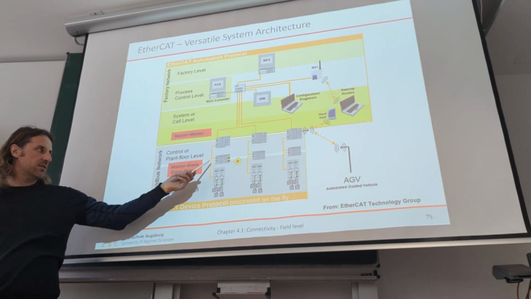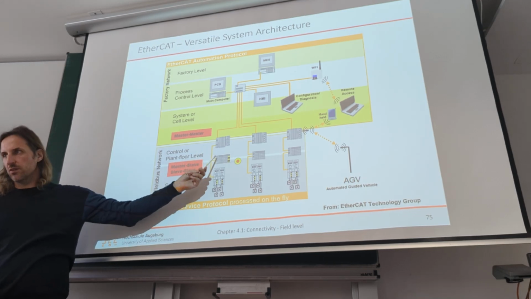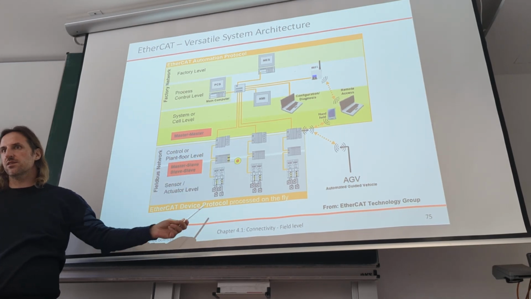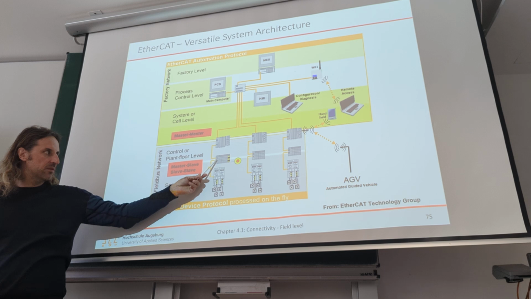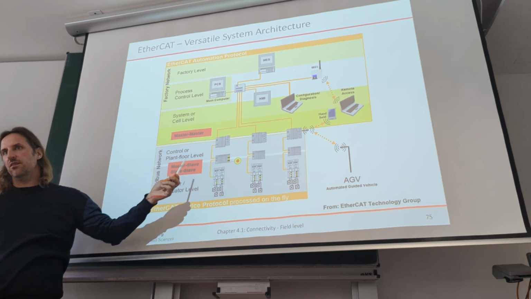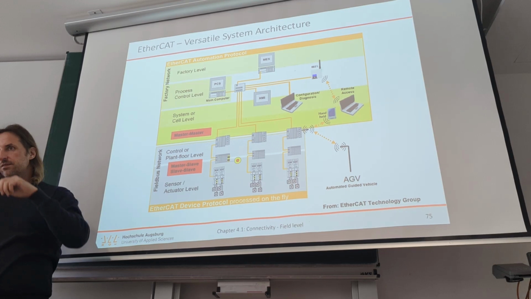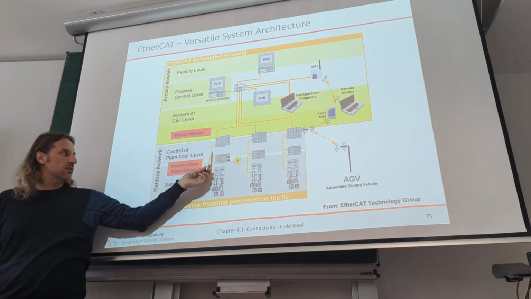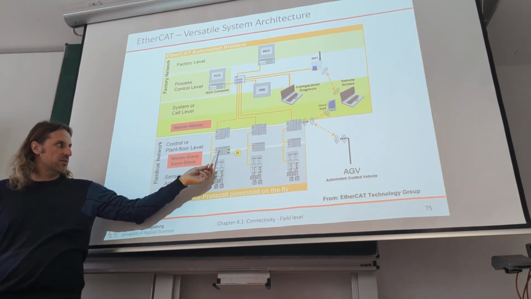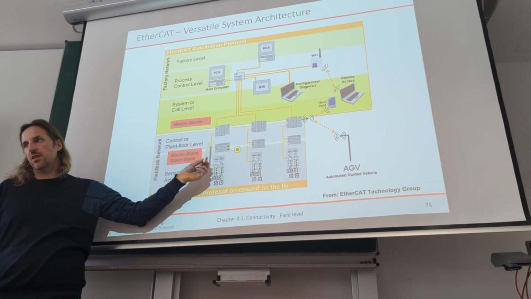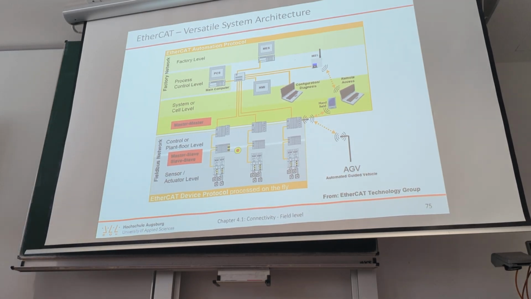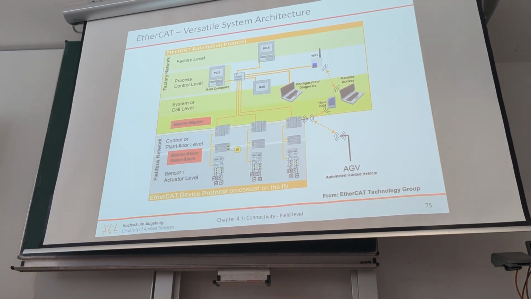That's the same here with the information. It hops on and off while the frame just passes through. Because the frame is never stopping, you can get very high frequency, very low cycle time, because basically it's just a few nanoseconds that each and every node adds to your delay.